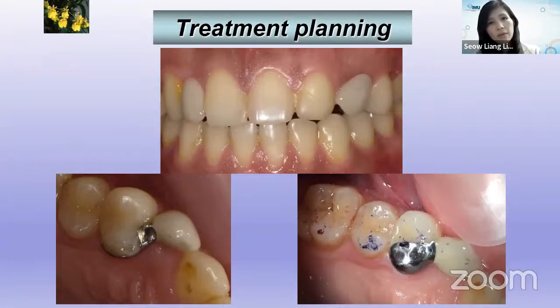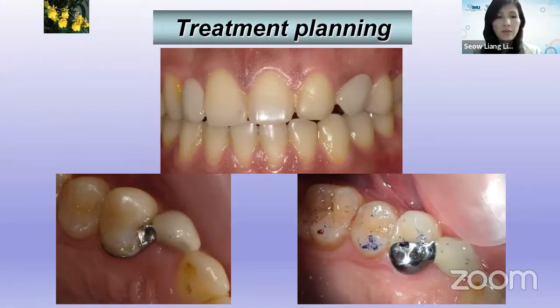So he came back, we explained to him, possibly we may have to redo a new one. But for the time being, we tried to cement it back for him. As we all know, once a resin bonded bridge falls out, if you re-cement, chances are there and risks are there for the prosthesis to de-cement.